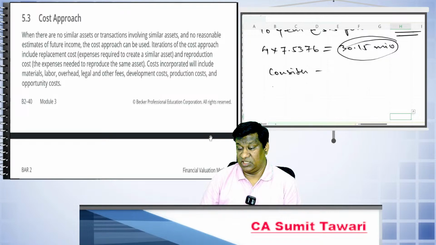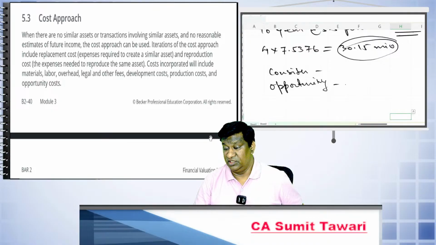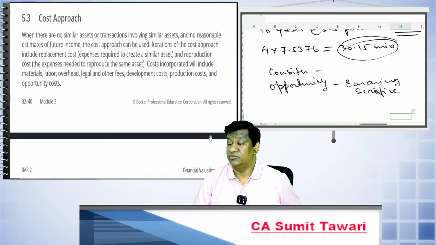Okay, plus opportunity cost. It means if I invested this amount in some other issue or some other earning opportunity, whatever may be the earning sacrifice, that also I need to consider in the cost approach.